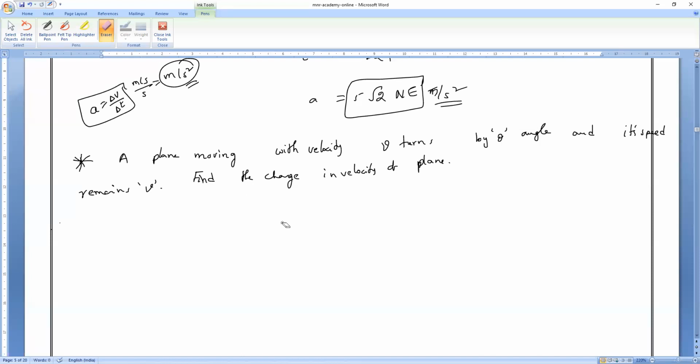Now, a plane moving with a velocity v turns by angle theta and its speed remains v.